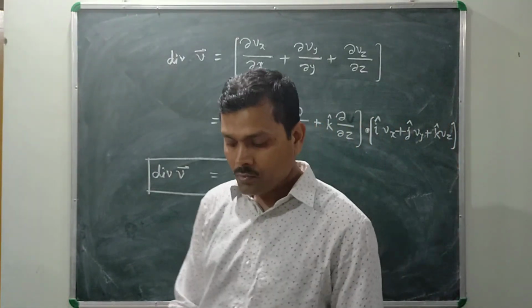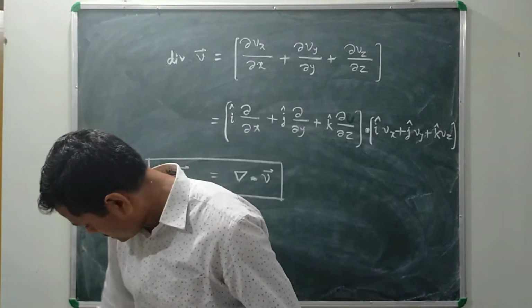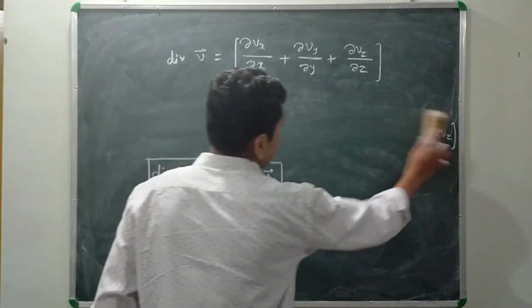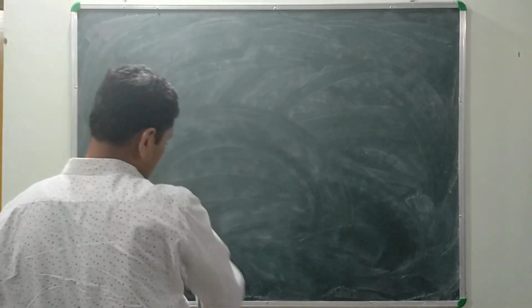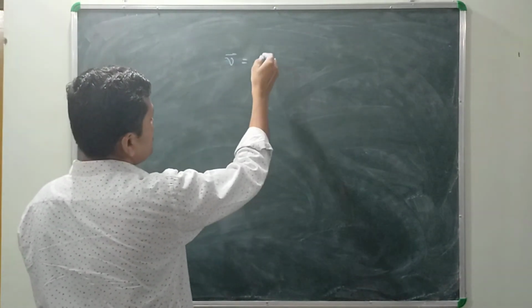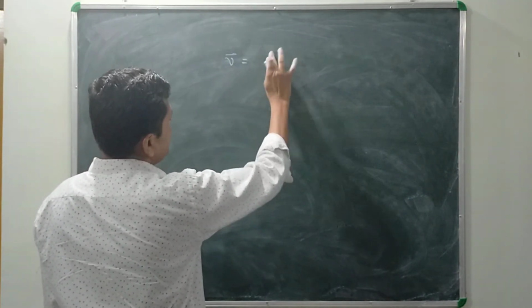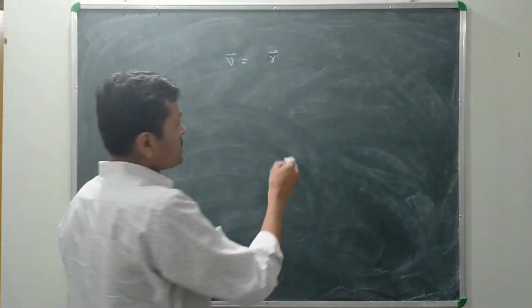Now we are going to see the physical meaning of this divergence in a very simple example. Let us consider the vector field defined as simply vector r, where vector r is the position vector.